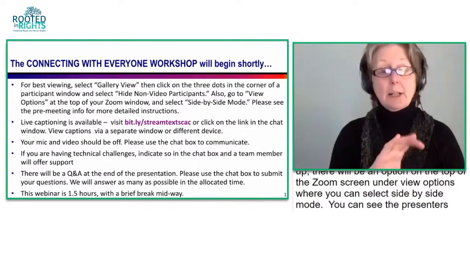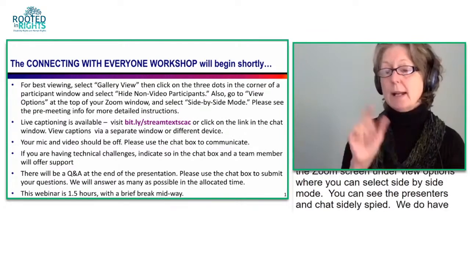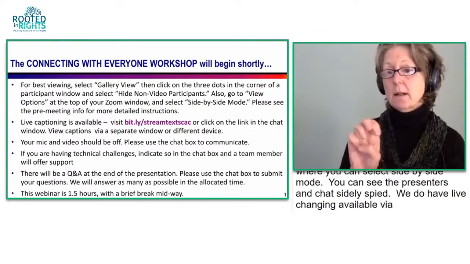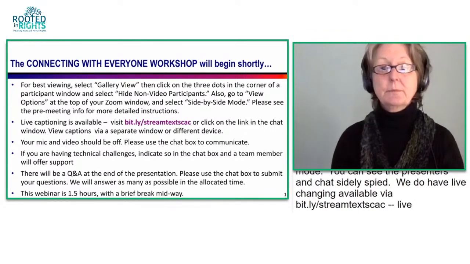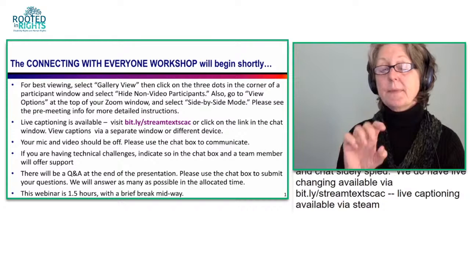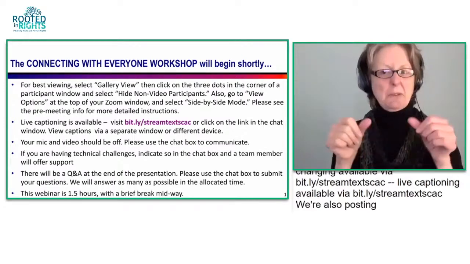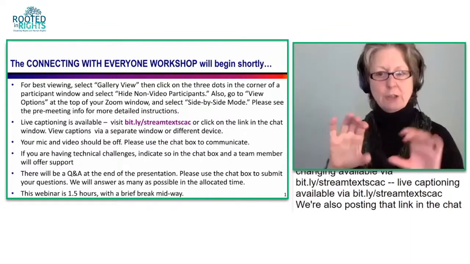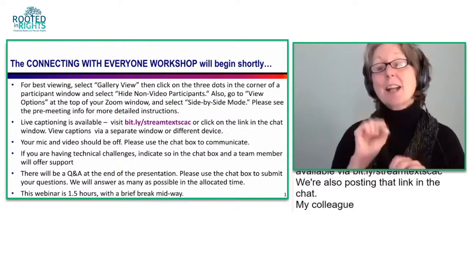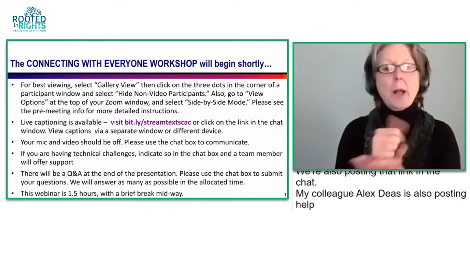Visit bit.ly/STREAM and we're also posting that link in the chat. My colleague Alex Diaz is also posting some helpful Zoom tips for where to find these selections that I've explained above.